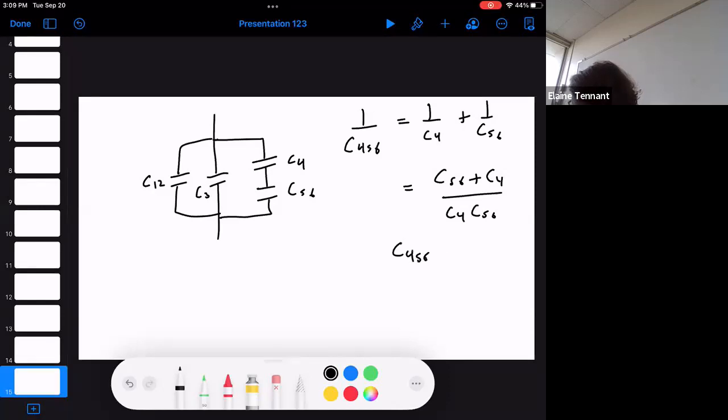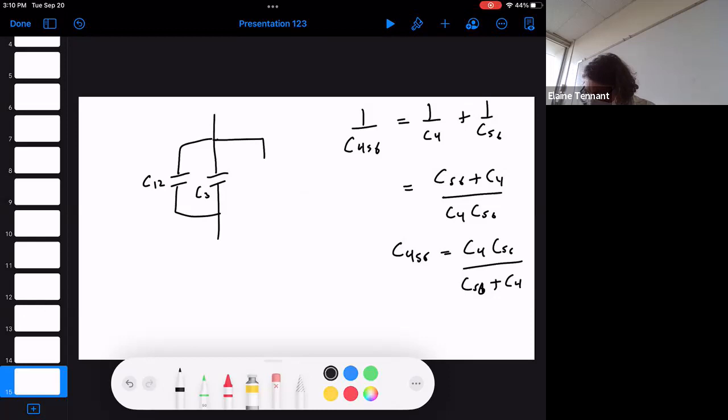C4,5,6 equals C4 times C5,6 over C5,6 plus C4. Okay, and for ease, let me redraw this again. So now I have C4,5,6, and they're all in parallel. Perfect.